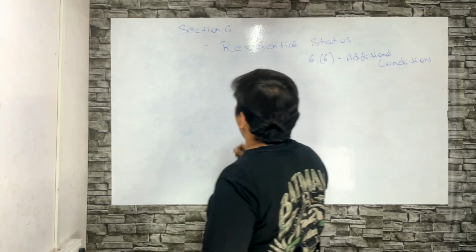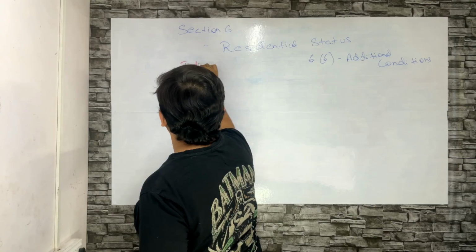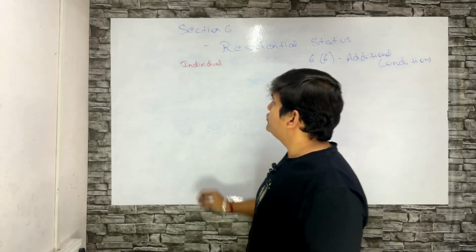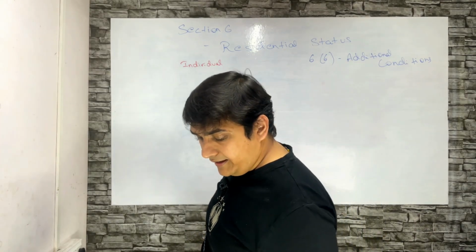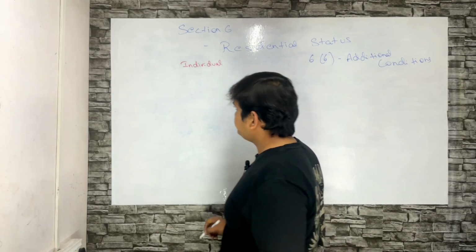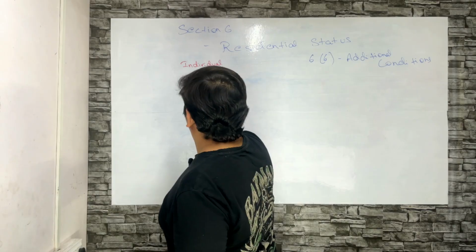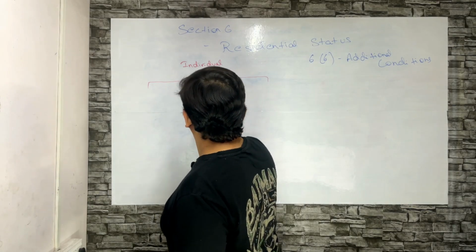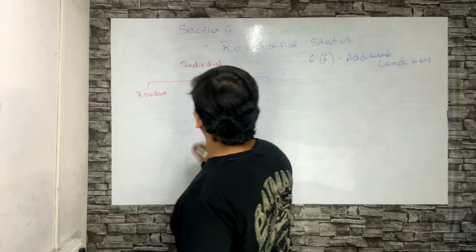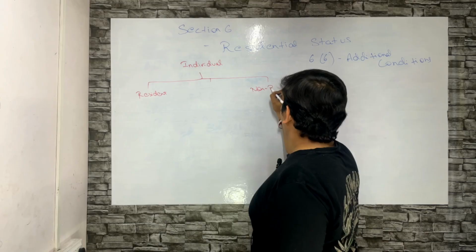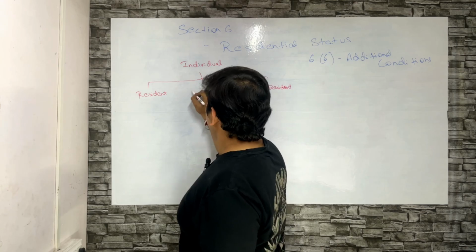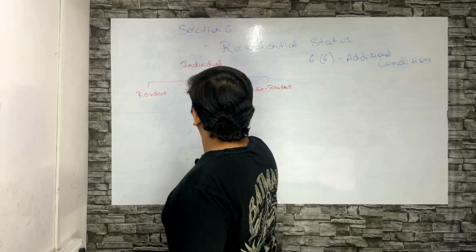Now, there's an individual, right? An individual can be 3 things. Can be resident or non-resident, but there are 3 categories. What are those? First, resident. Second is non-resident. And the third, deemed resident.